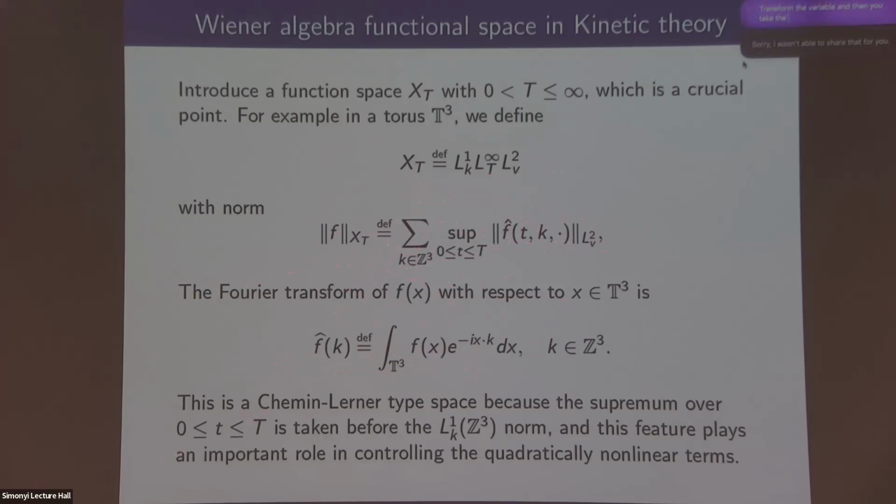These have been called Chemin-Lerner type spaces because the Wiener algebra is outside of the sup in time, so you normally have things in the other order. There's a paper by Chemin-Lerner on Navier-Stokes where they do things in this order, and I presume that's the first paper doing this, because everyone named this ordering of the spaces after them. But it's useful to do things that way.